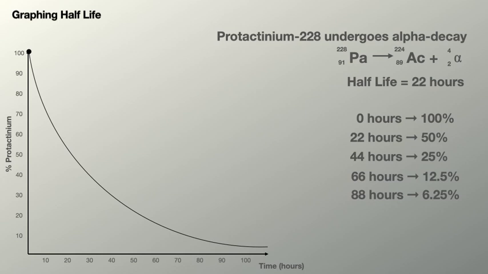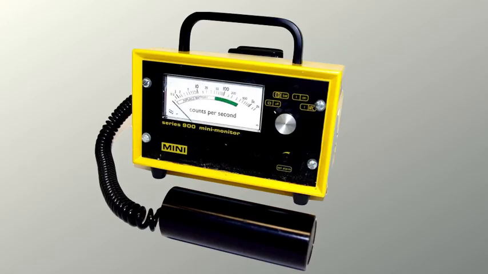So how do we measure the percentage protactinium? Well, we could measure the amount of radiation coming off the sample. The bigger the percentage of protactinium, the more radioactive decay there's going to be, the more alpha particles produced, or beta, and these can be detected using a thing called a Geiger counter. This counts the number of radioactive particles, maybe per second.